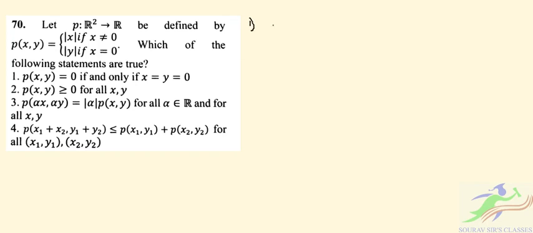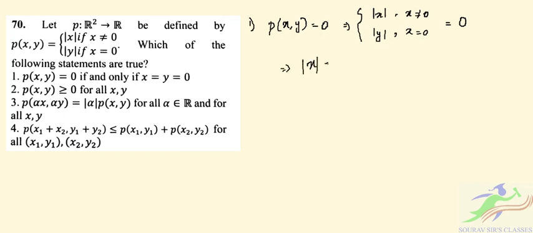Option 1: P(x,y) = 0 if and only if x = y = 0. Since P(x,y) is 0, it means |x| = 0 and |y| = 0, which implies x = 0 and y = 0.